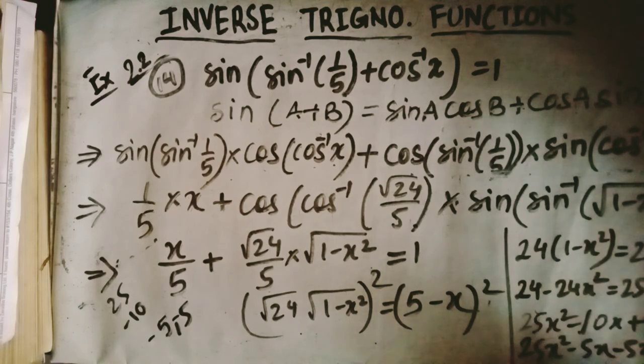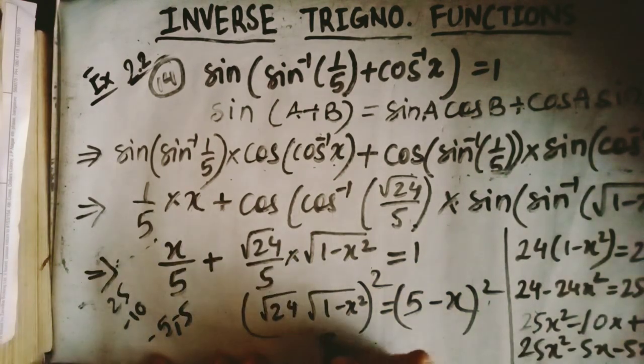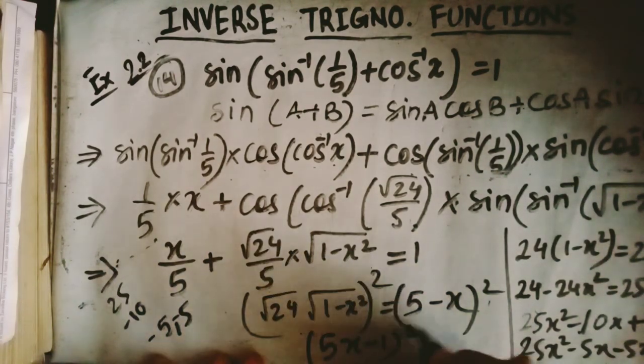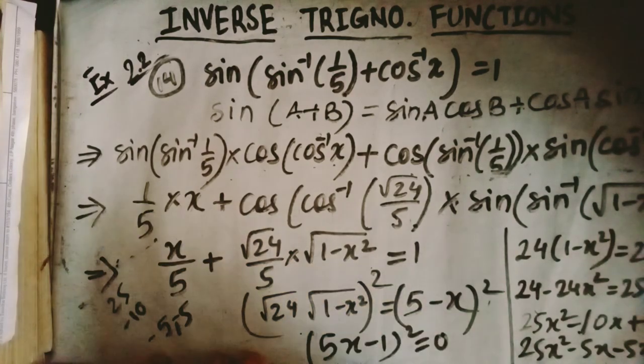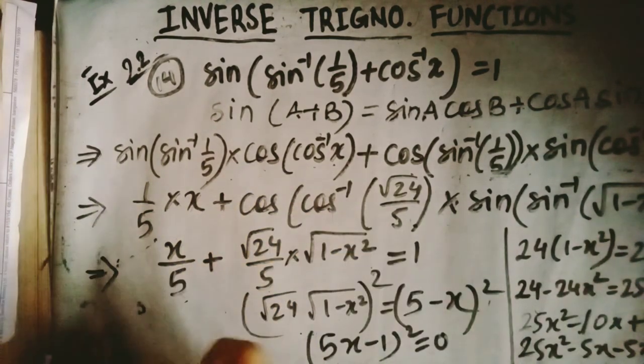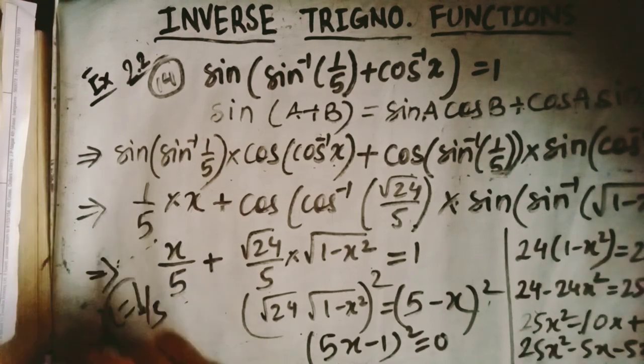So you will get 5x minus 1 the whole square equal to 0. So your x is 1 by 5. Okay. So x you will get 1 by 5. This is the answer.